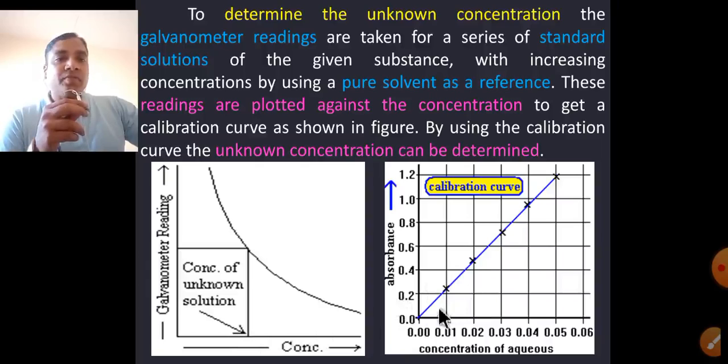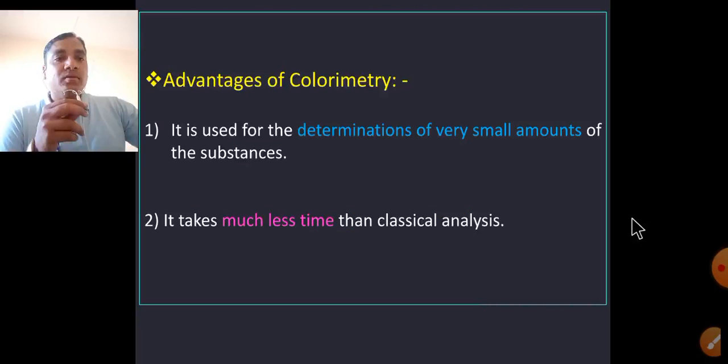And in calibration, if the solution is ionized, large or small, then a deviation forms in the linearity of the graph. Advantages of colorimeter: it is used to determine very small amounts of a substance, and second, it takes much less time than classical analysis.